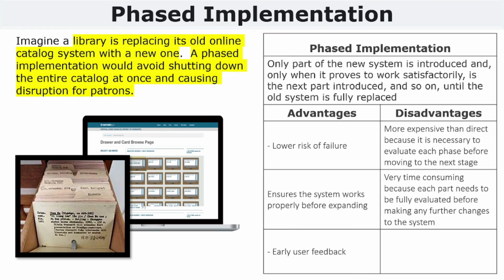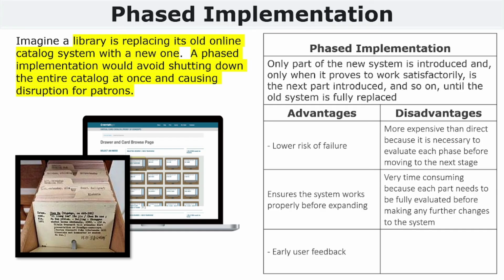So here only part of the new system is introduced, and when it proves to work well, then the new part is introduced, and it goes on and on until the old system is phased out. So again, there's a low risk of failure here.